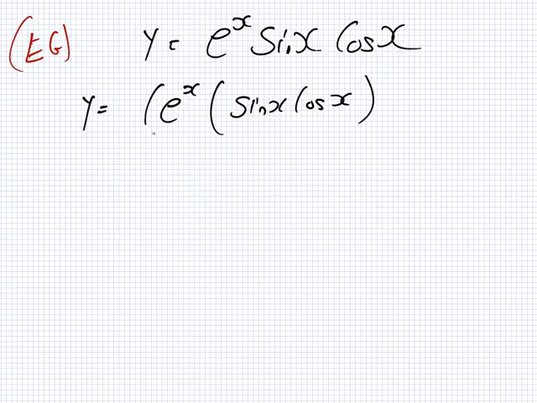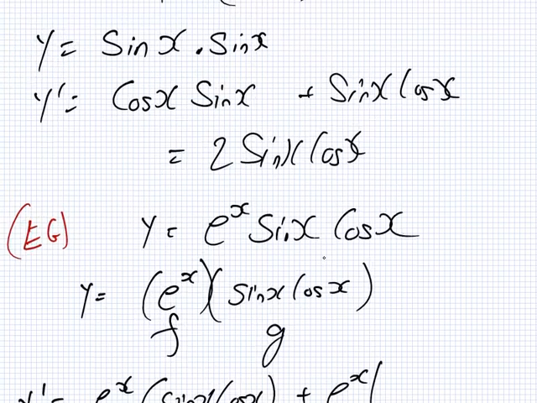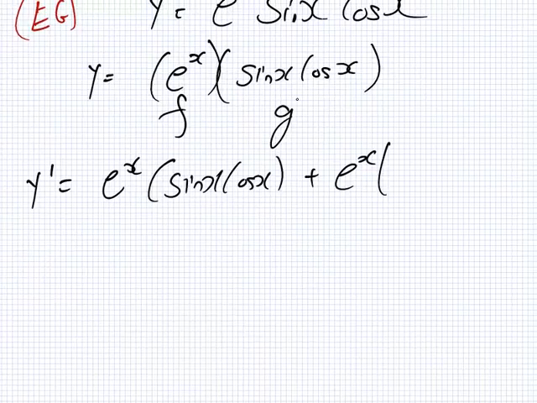You should break it in like this, f and g. So y derivative will be f derivative, which is e^x, times g, plus f times g derivative. The last one you did was sin x. Anyways, the derivative of sin x cos x, you can use the rule again.